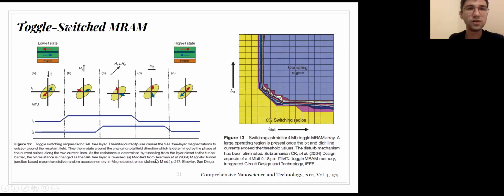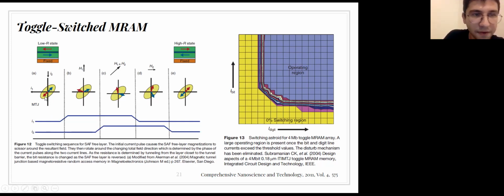So here, toggle switch MRAM. I want you to remember the SAF, synthetic antiferromagnet free layer, which was the antiferromagnet basically pinned to the free ferromagnets. We can follow this left figure here.